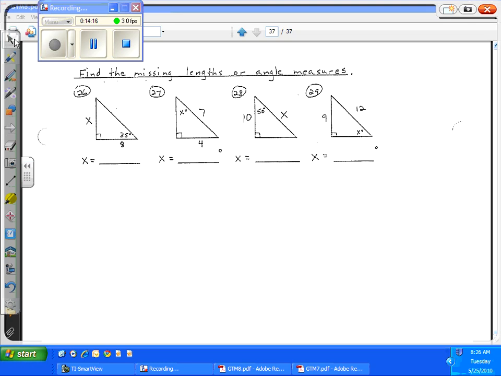These are not 30-60-90 or 45-45-90 triangles, so we can't use those special triangle rules, so we have to use a trigonometric ratio. Remember that the first thing we do is identify the acute angle that we're dealing with, and so we're dealing with the 35-degree angle. So we find the angle first. And then we look at the sides given and see how they're related to the angle that we chose.